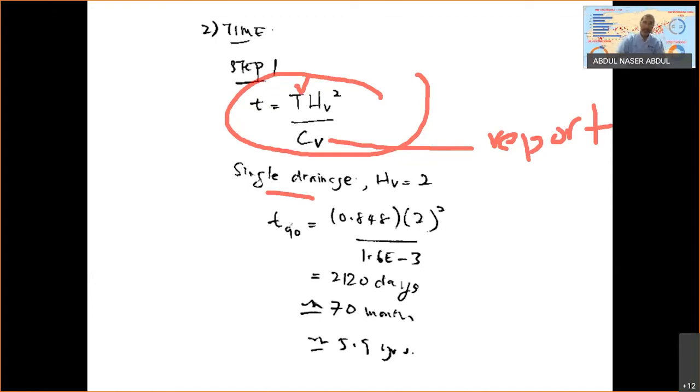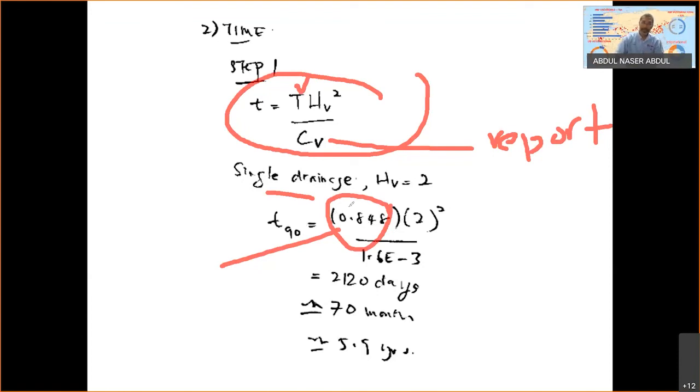So in this case, for 90% consolidation, T90 equals the capital T. This T is actually what they call a coefficient for 90% consolidation. That is fixed, 0.848.